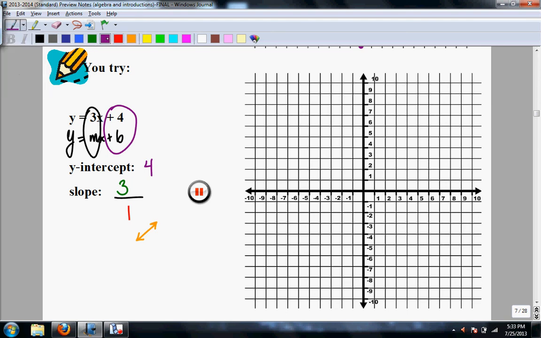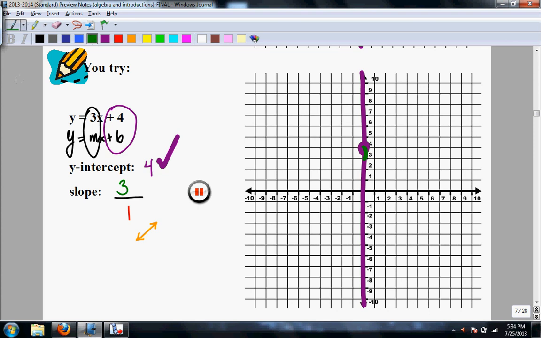So to start, it's the y-intercept along the y-axis. So we're going to trace the y-axis. And now we're going to go to positive 4. That is that. And now we're going to count out rise over run. 3 over 1. So I'm going to go this way.